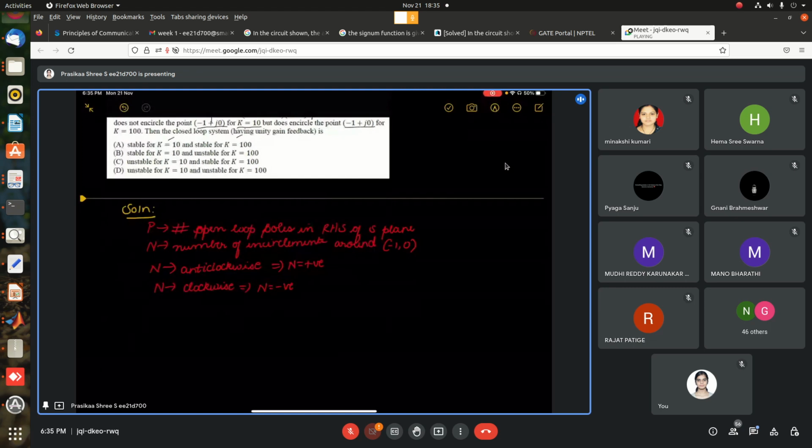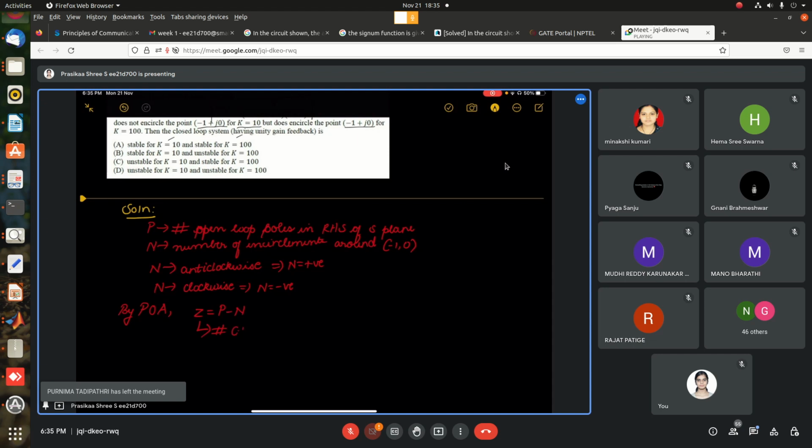And by principle of argument, POA, this Z will be equal to P minus N. Z is nothing but the number of closed loop poles in the right half of S plane.